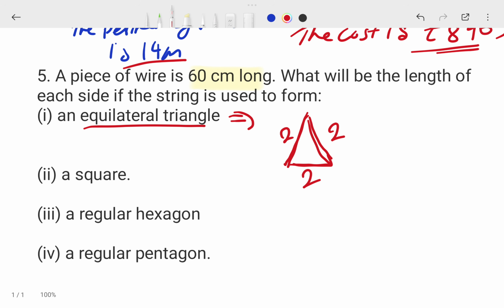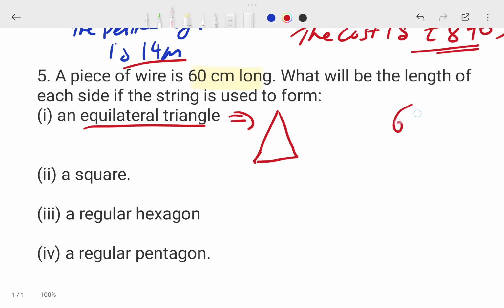If it is 3, it's also 3, it's also 3. So in this triangle, all sides are equal, and there are 3 sides.